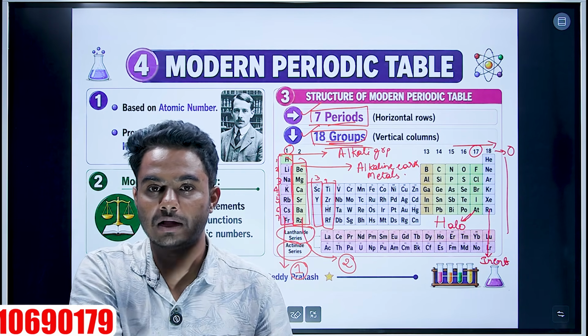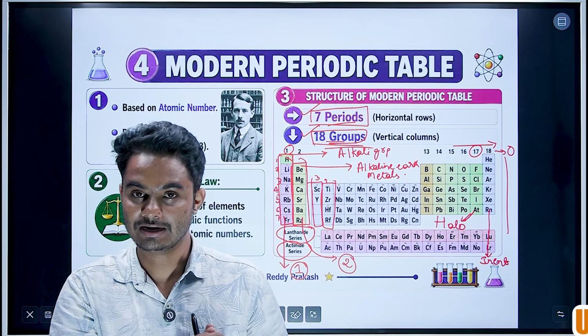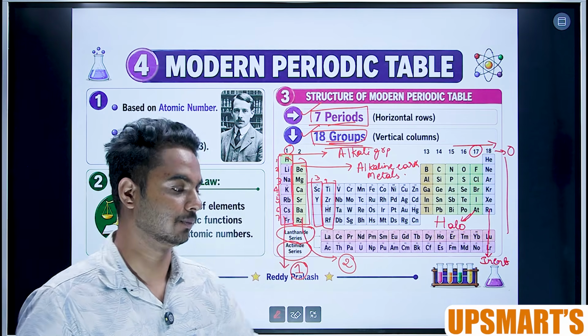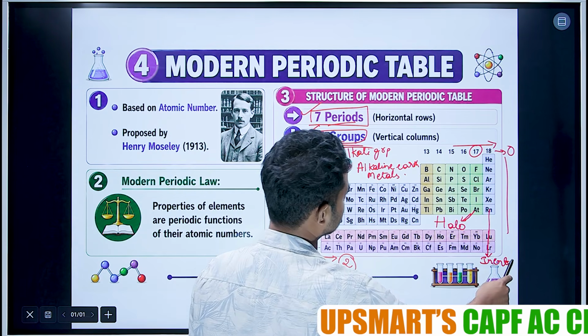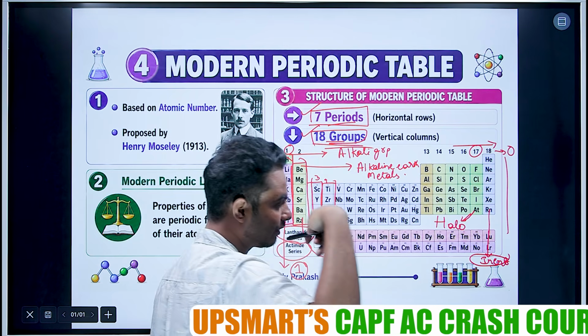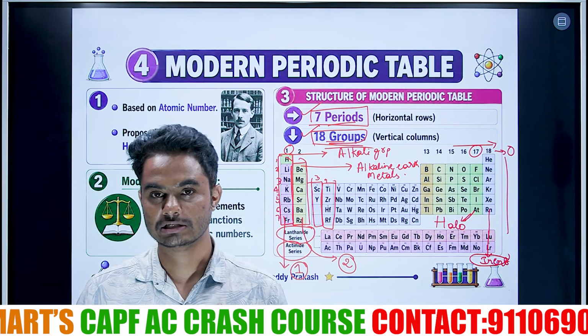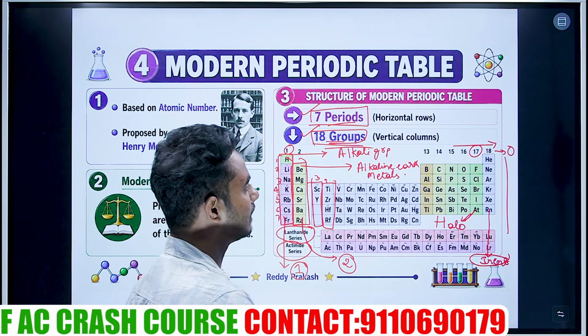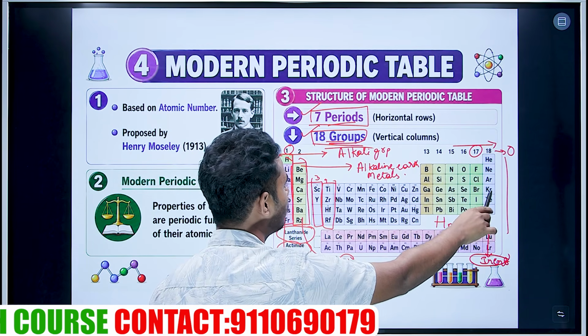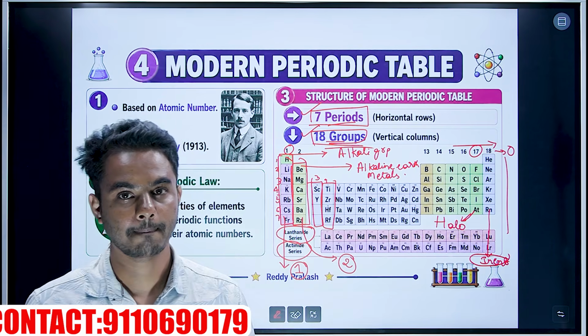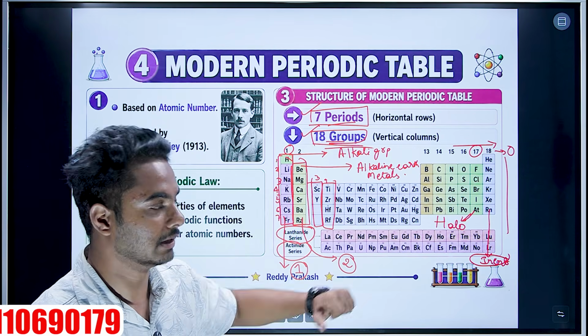It need not react with other elements to form a stable compound. The element itself is stable. That is why these are very less reactive. These are called inert gases. They will not react with other elements because they are already stable. They don't want to disturb their stability. Those are helium, neon, argon, krypton, xenon and Rn. So those are inert gases.